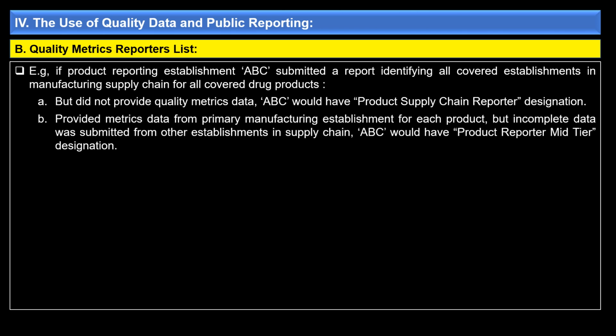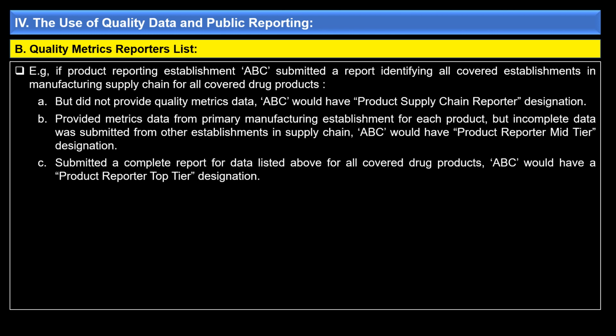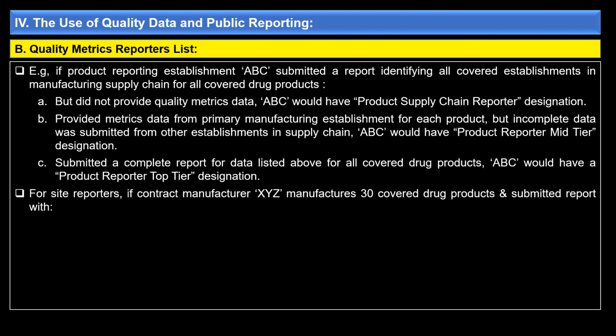If it provided metrics data for the primary manufacturing establishment for each product, but incomplete data was submitted from other establishments, then that centralized reporting establishment would be a mid-tier designation. And if it has submitted a complete report of the data listed above for all covered drug products, then it would have a top-tier designation.